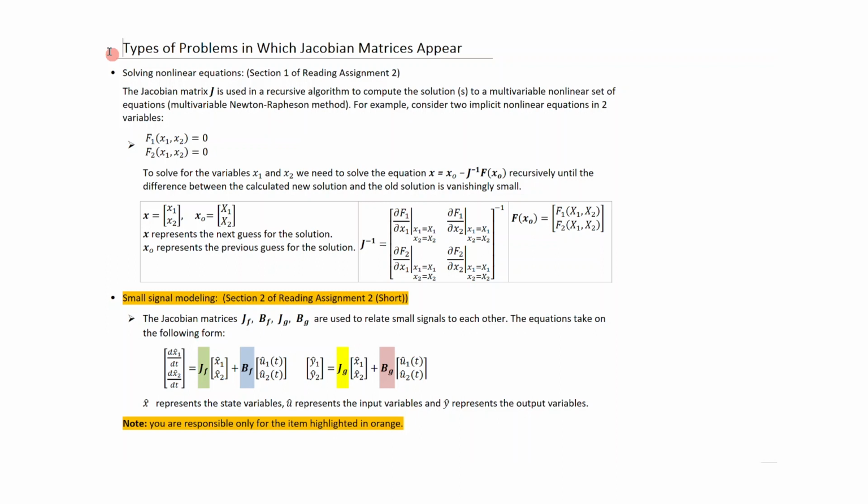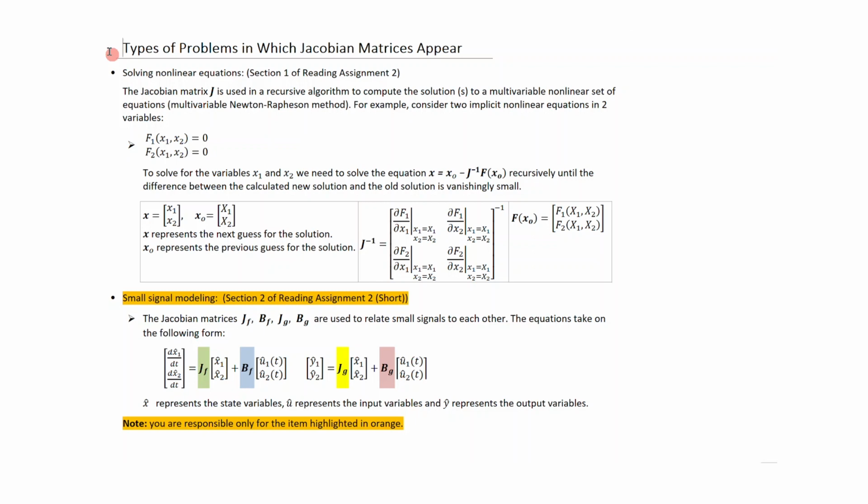So for example, consider the following two implicit nonlinear equations in two variables, the two variables being x1 and x2. What we're trying to do is to solve those two equations simultaneously for the values of x1 and x2. The way this is done is basically to solve the equation x, which is a vector corresponding to the two variables of interest, x1 and x2, for which we're trying to find a solution.